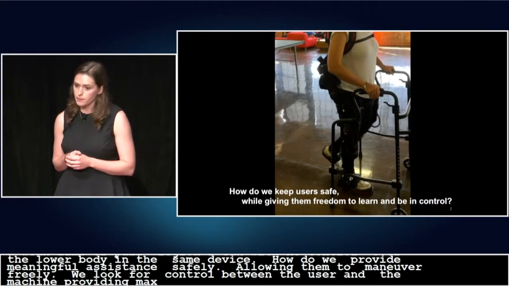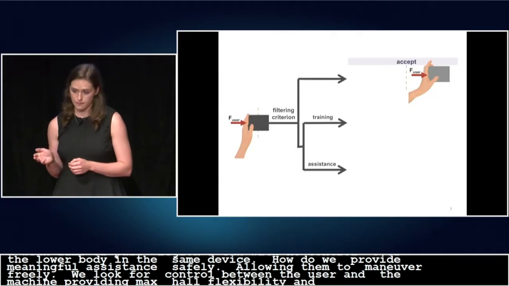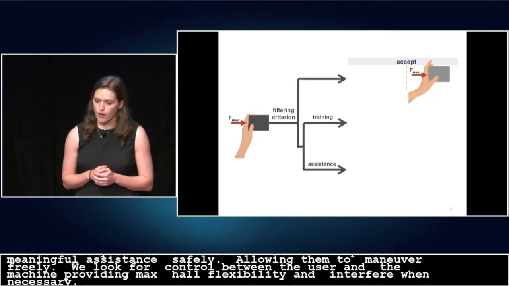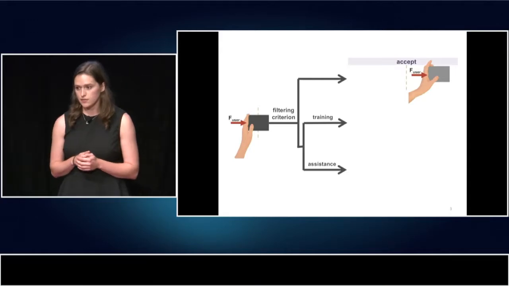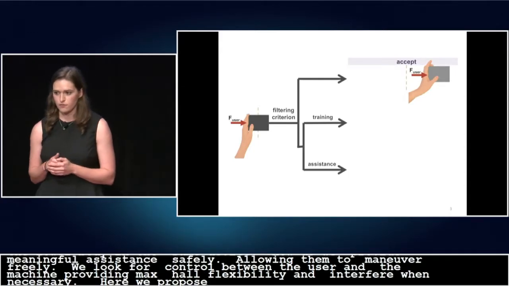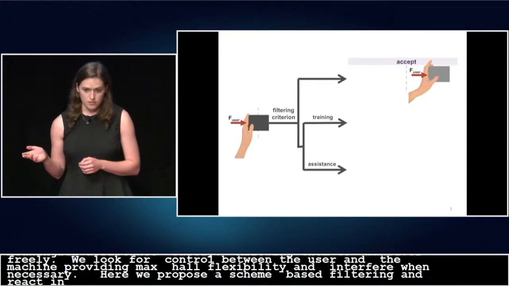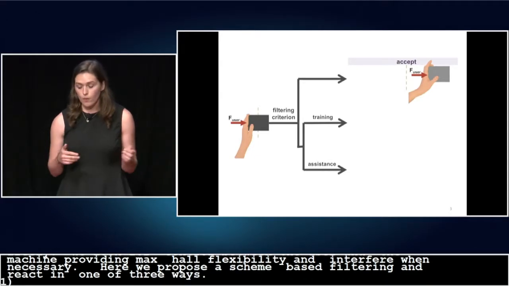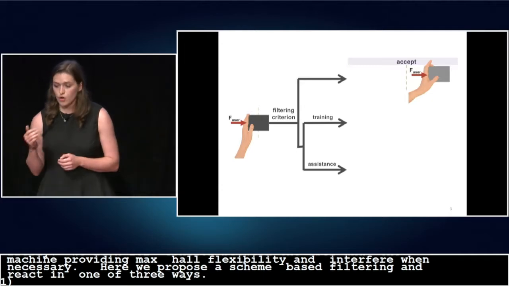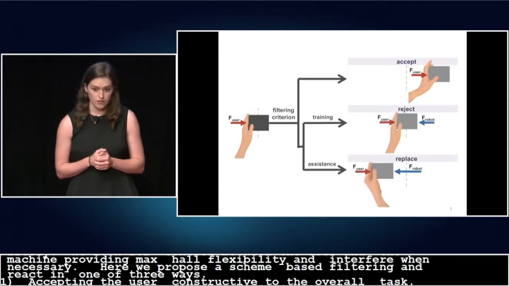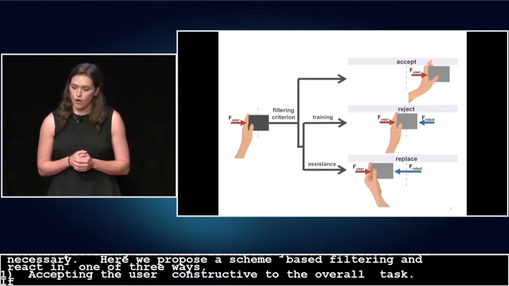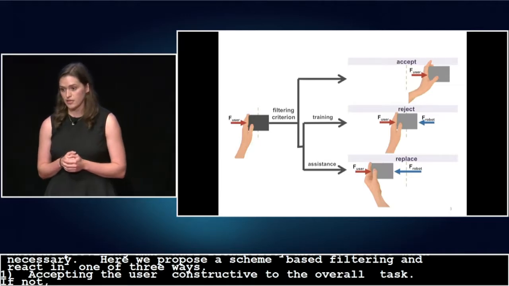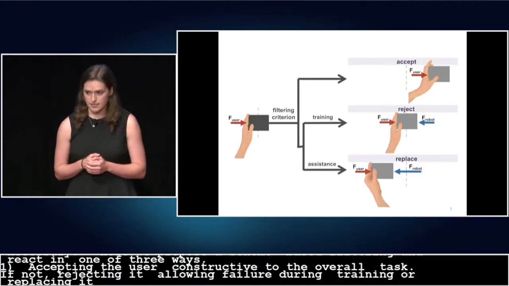And so here we propose a shared control scheme based on filtering, where at each time instance we assess the user's intent and react in one of 3 ways: accepting the user's action if deemed constructive to the overall task, or if not, rejecting it, allowing failure during training, or replacing it with a controller action, guaranteeing safety during assistance.